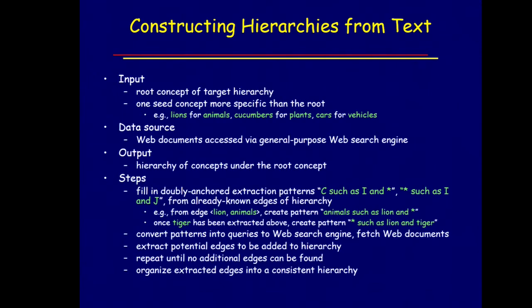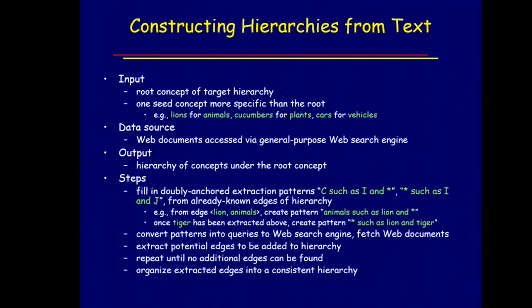This should be going again based on web documents and again by using some web search engine as a black box. She will use those patterns that I told you about before, these more precise patterns, what they call doubly anchored patterns in the previous papers where she proposed those patterns.